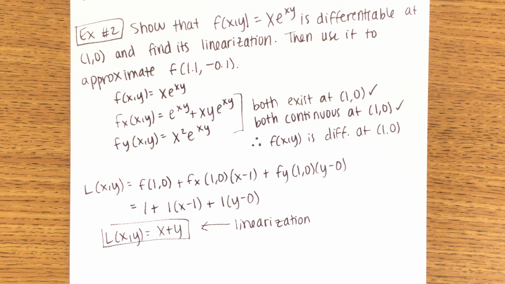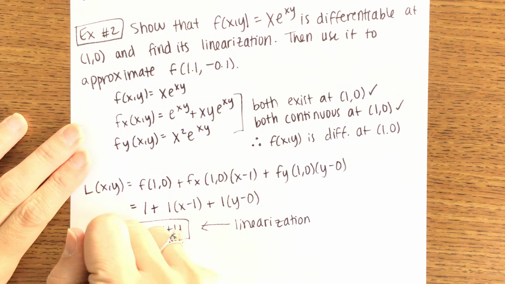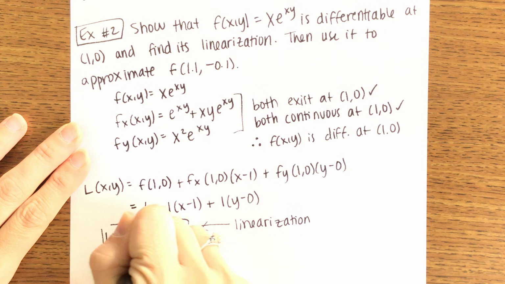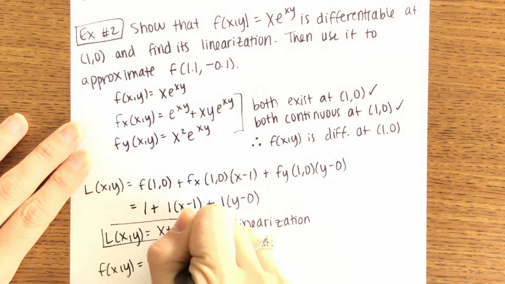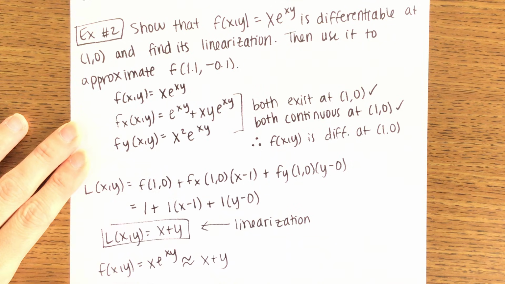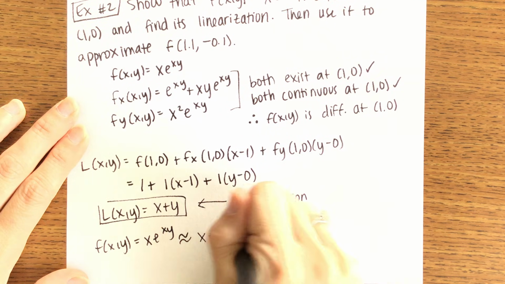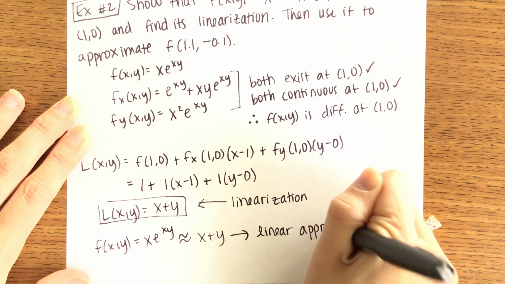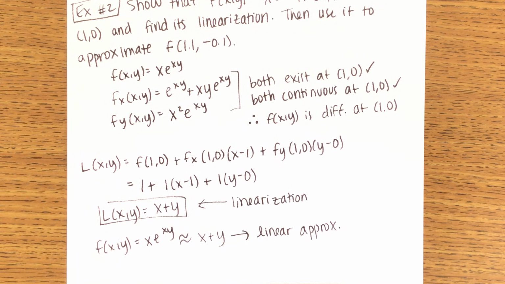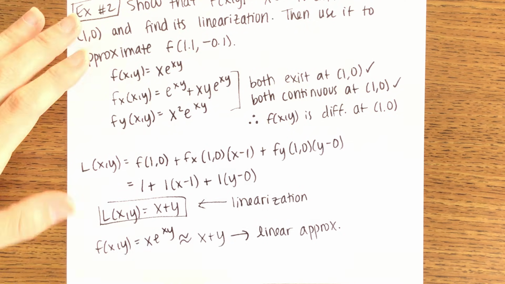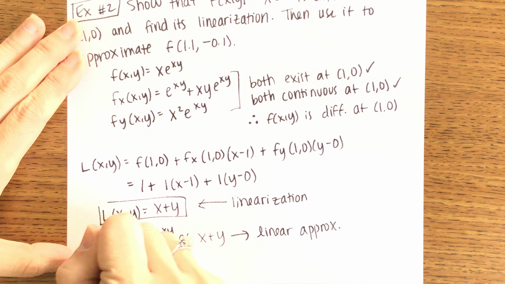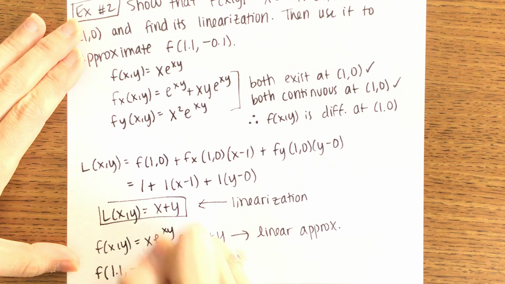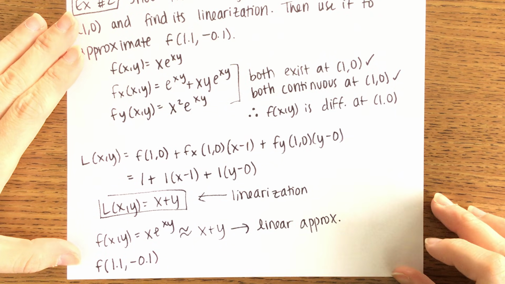When you use the linearization, it's called a linear approximation. So that f of x,y, which is x e to the xy, we're going to say is approximately x plus y. This is called the linear approximation, or the tangent plane approximation. So we need to approximate f of 1.1 comma negative 0.1.